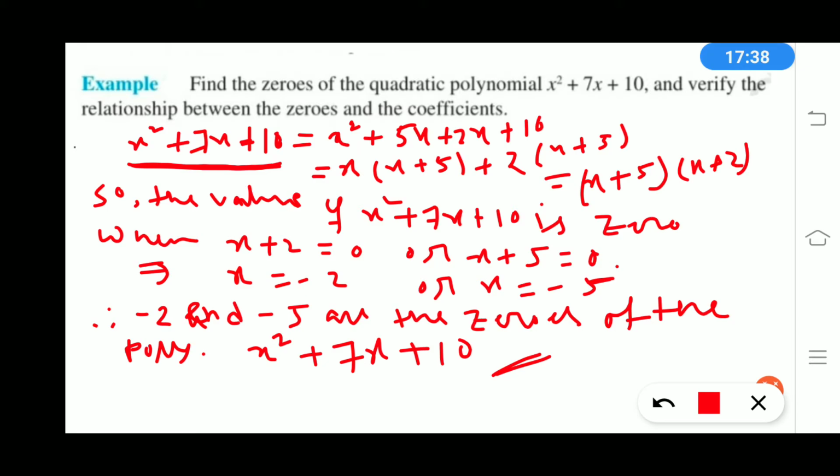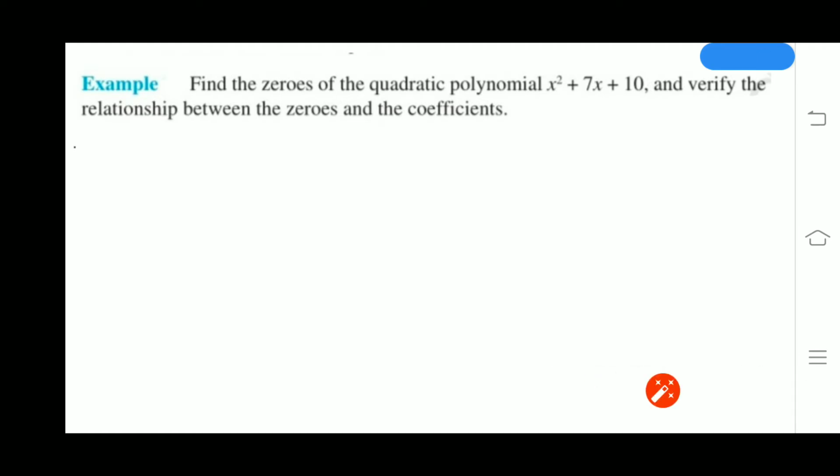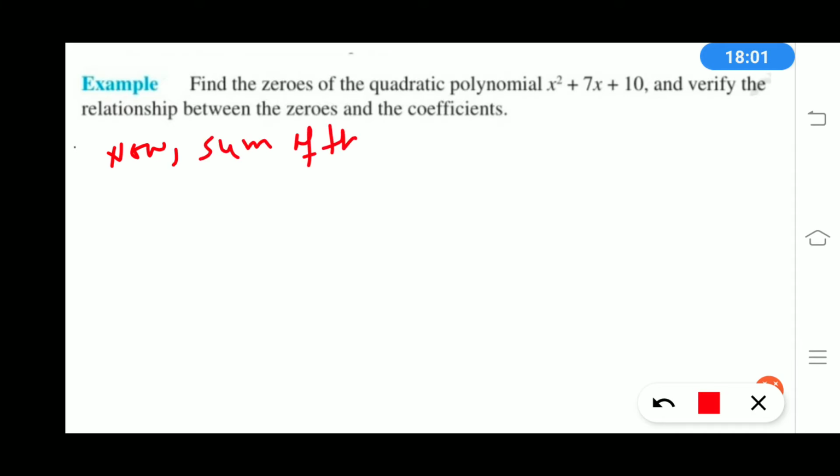Next, verify the relationship between the zeros and the coefficients. Okay, now we solve the second part. Note this. Now the sum of the zeros equals minus 2 plus minus 5.